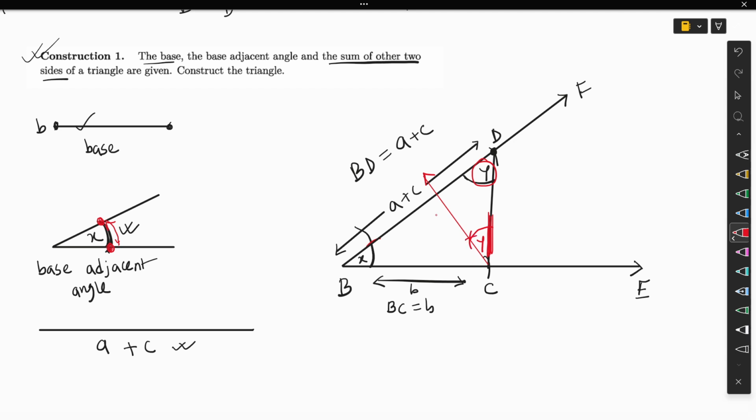So it will cut at this point, and let this point be A.